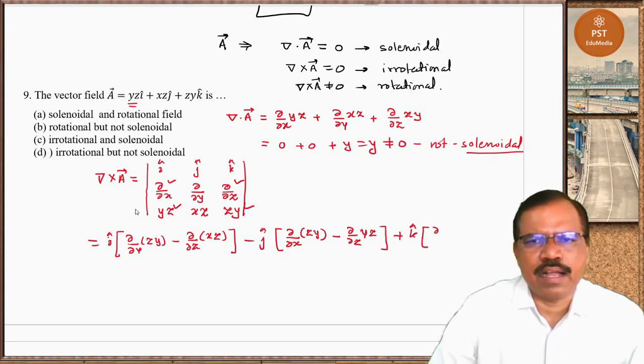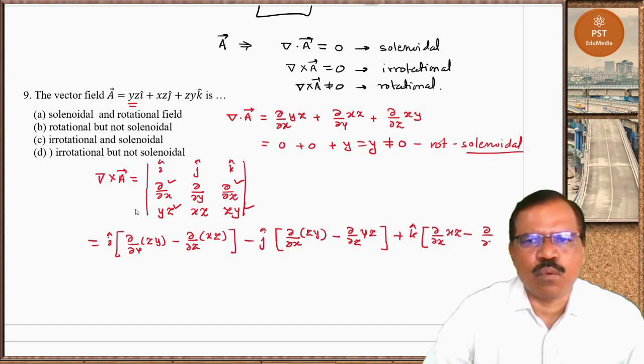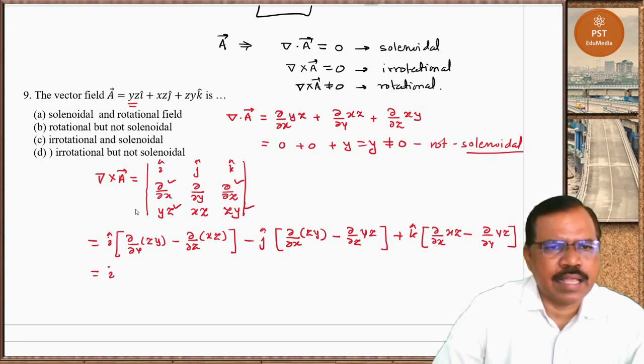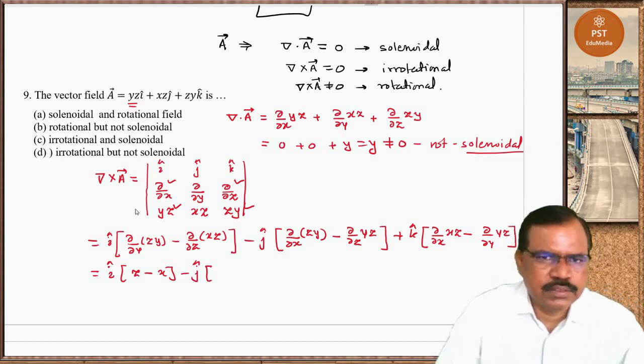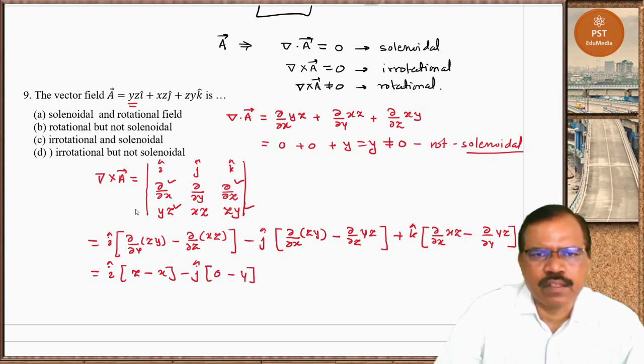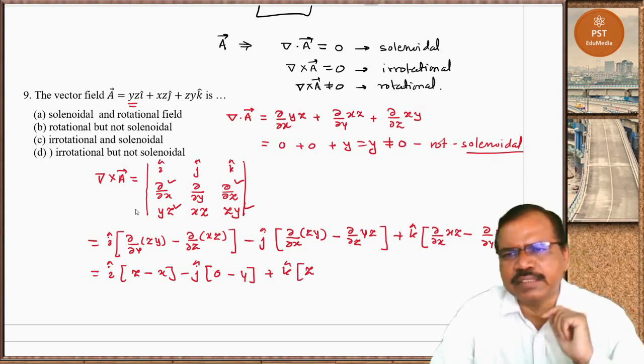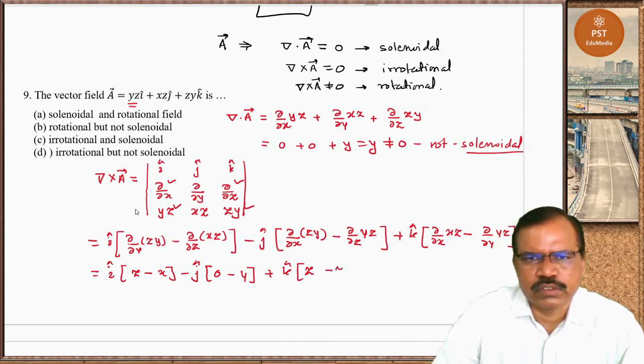Now ∂/∂x of xz minus ∂/∂y of yz. So if we find this, it is i(z minus x), minus j(∂/∂x of zy, that is 0, minus ∂/∂z of yz, that is y), plus k(first term is z, ∂/∂x of xz is z, minus z).